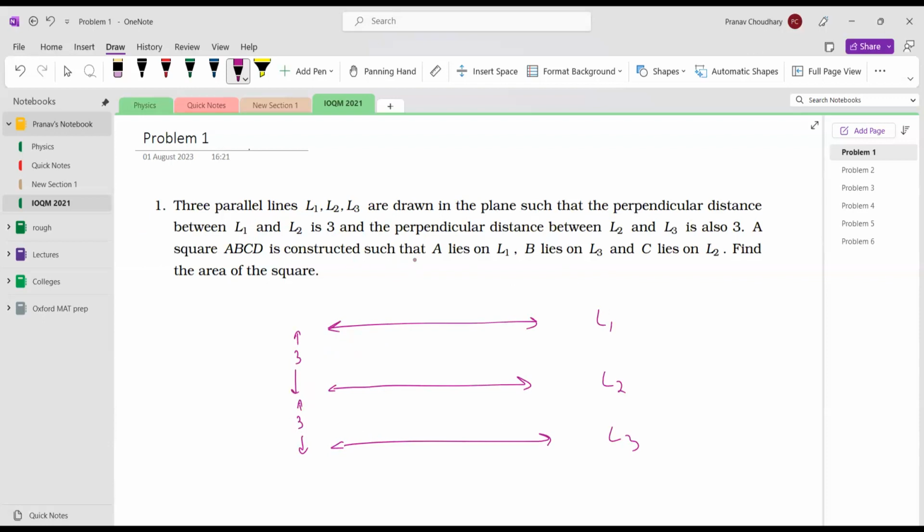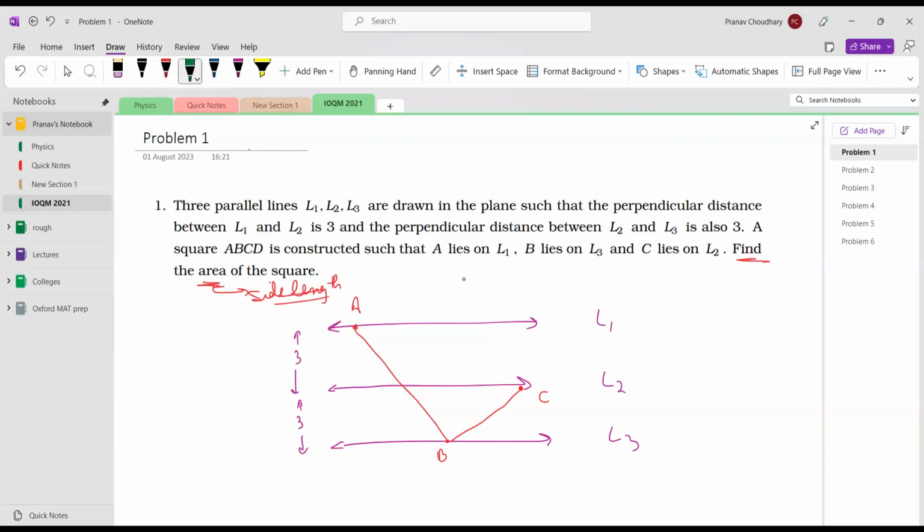A square ABCD is constructed such that A lies on L1, B lies on L3, and C lies on L2. Find the area of the square. So basically, to find the area, you need to find the side length of the square.